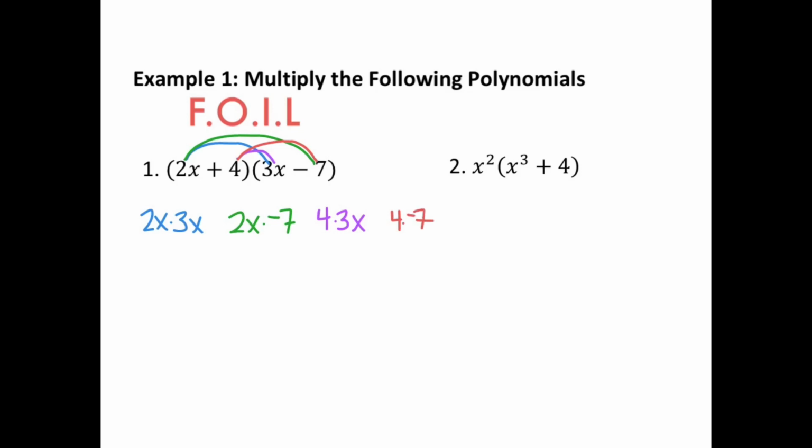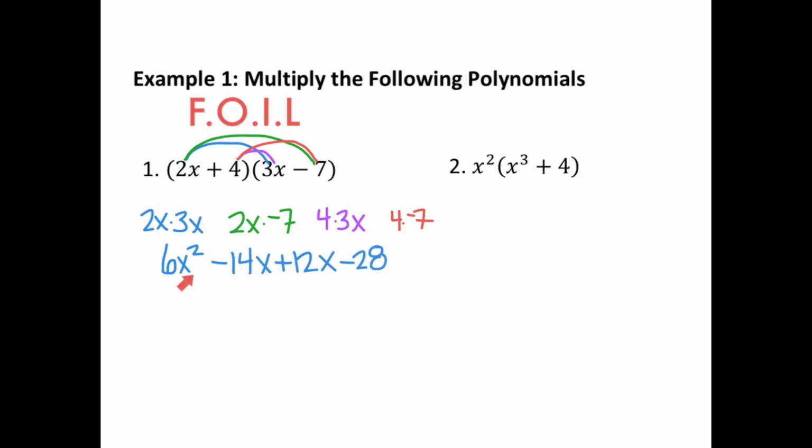So you can see I'm just distributing the 2x to the 3x and the 2x to the negative 7, the 4 to the 3x and the 4 to the negative 7. That's the multiplication. So I'm going to go ahead and do these multiplication problems down below to simplify this answer.